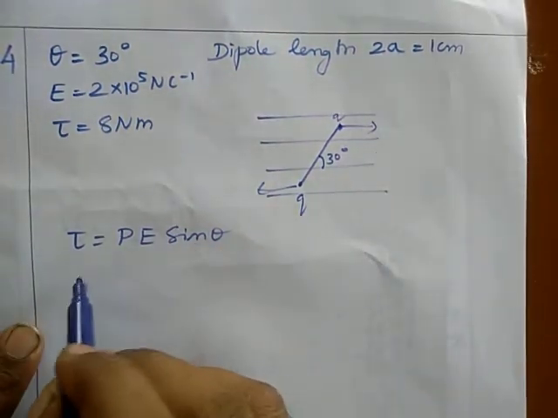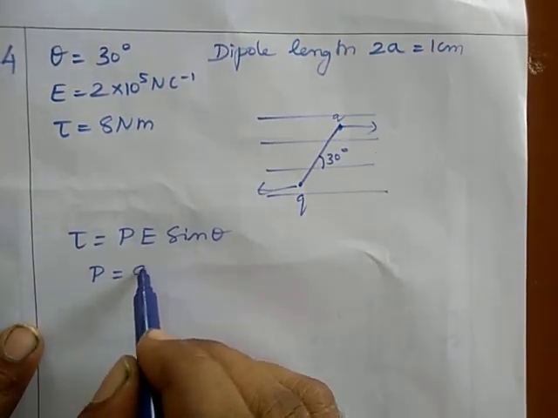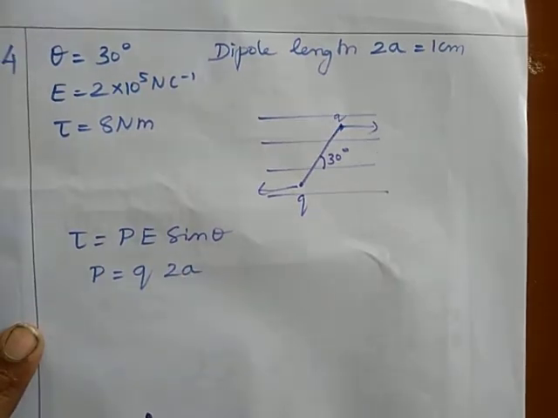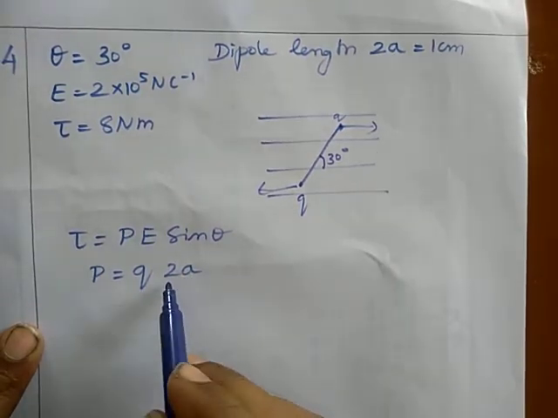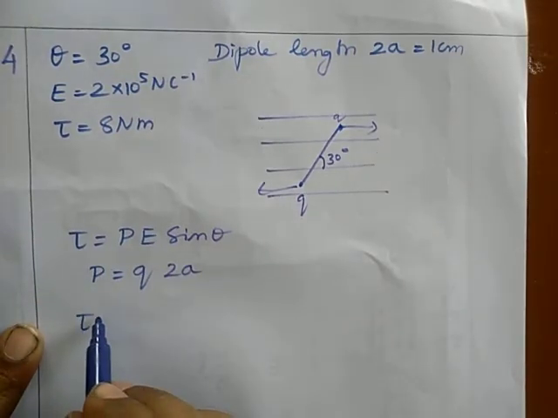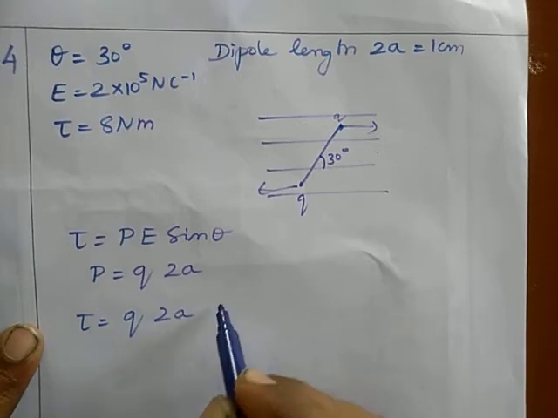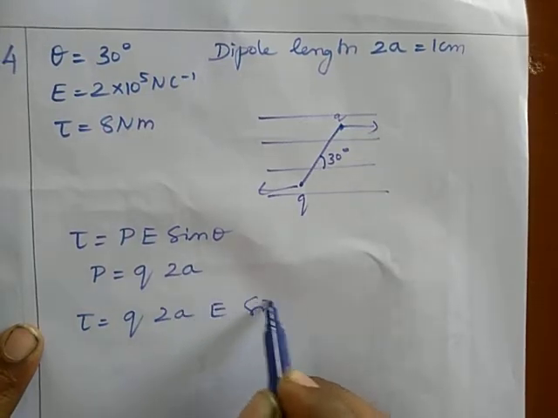Then we know the dipole moment P is equal to Q into 2a. Q is the charge of the dipole, 2a is the dipole length. Substituting in the above expression, tau is equal to Q 2a E sin theta.